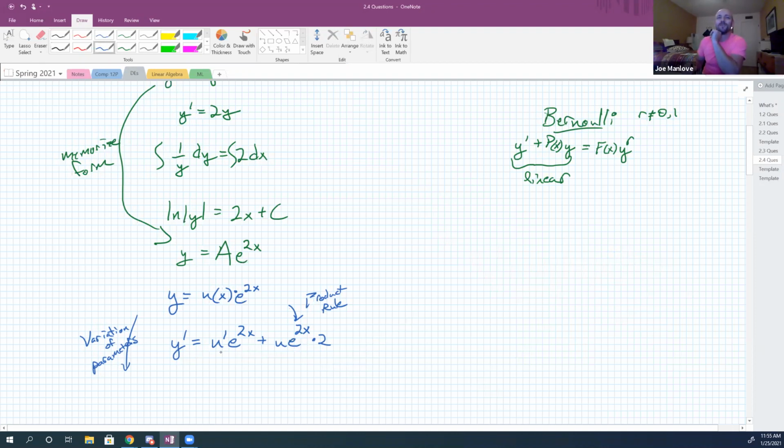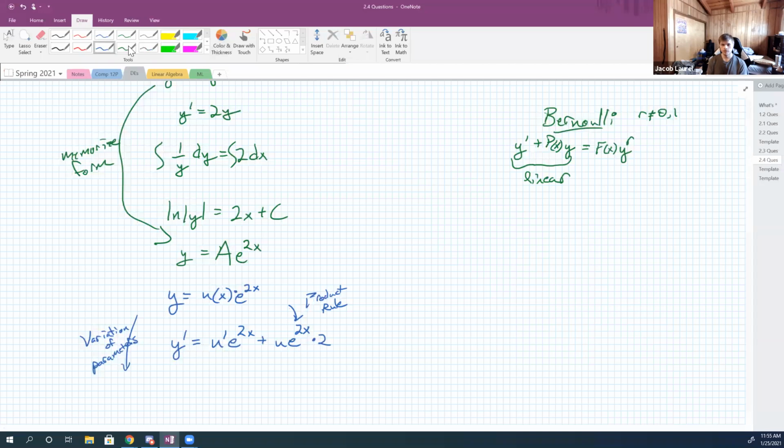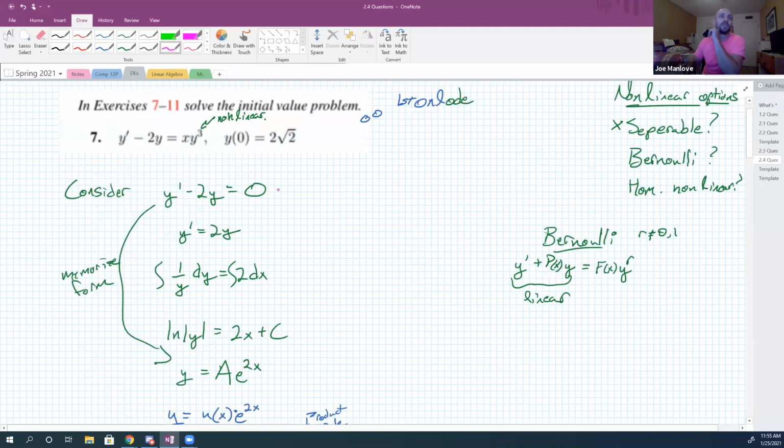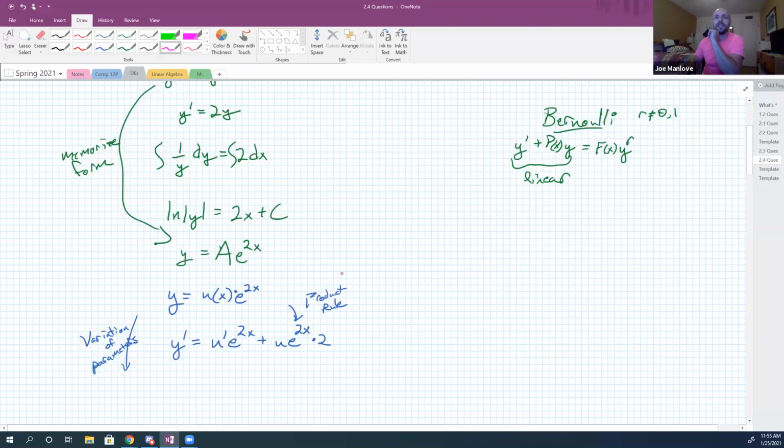So we did the product rule. We got this. Now what do I do with this? Plug it back into the original equation. Good. So we're going to go get our original equation. I'm going to call this thing star here. We're going to take these two items and plug them into star.